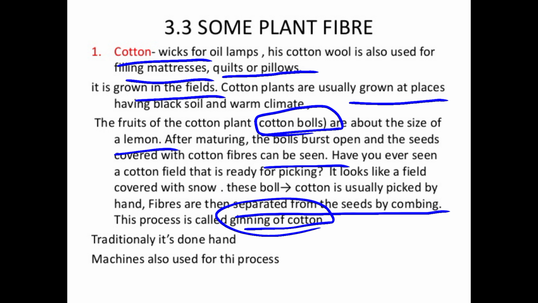When they mature, they burst open, and these cotton balls are hand picked. Then these cotton balls are processed. The seeds and the fibers are separated by the process called ginning. Traditionally it is done by hand, but machines are also used for ginning.